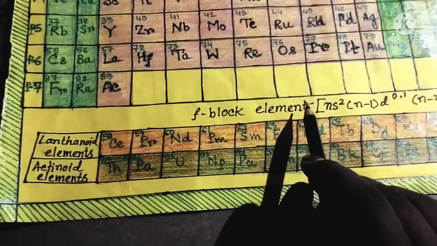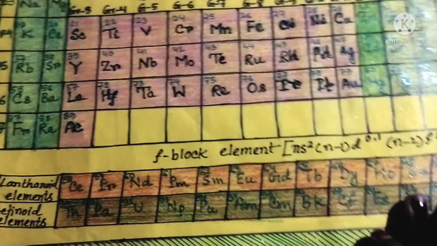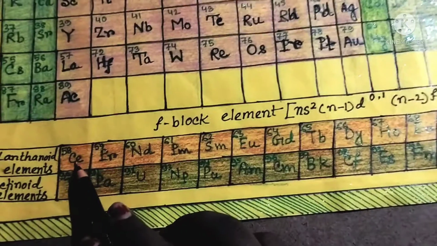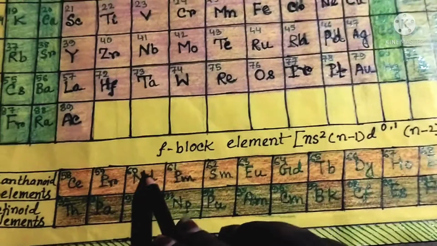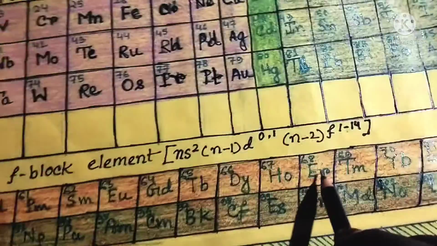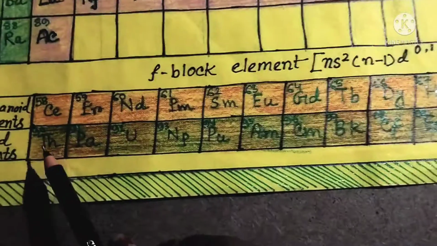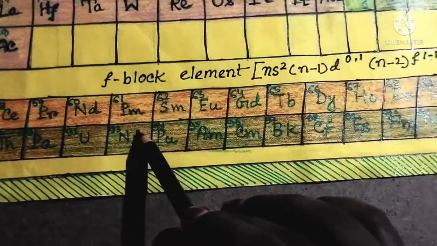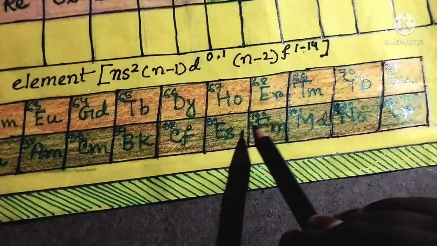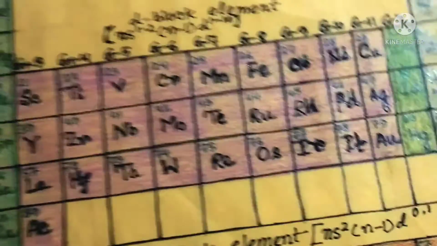And this is there, and the atomic numbers are 58, 59, 60, 61, 62, 63, 64, 65, 67, 68, 69, 70, 71, and from here 90, 91, 92, 93, 94, 95, 96, 97, 98, 99, 100, 101, 102 and 103.